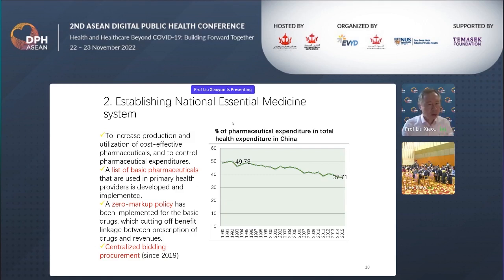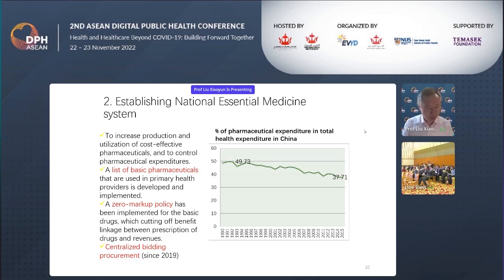So the reform developed a list of basic pharmaceutical medicine products that are used in primary healthcare providers. And one of the important reform measures is the zero markup policy. So before the reform, hospitals and primary healthcare facilities could charge 15% profit out of the drug sale.